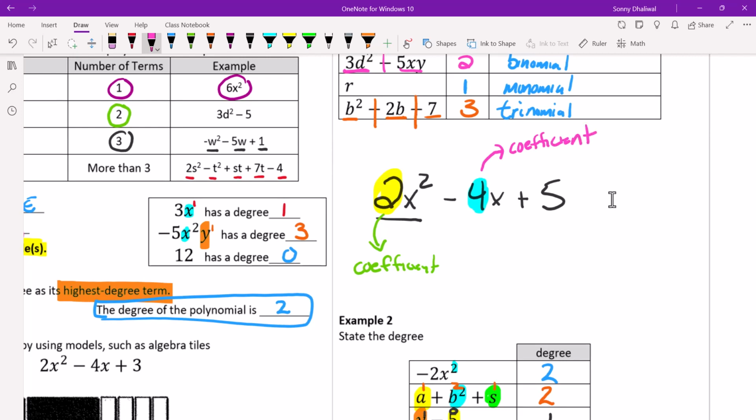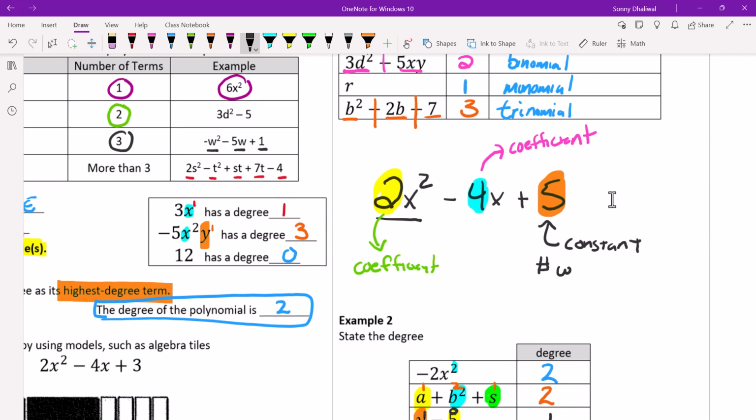Okay. The 5, a number without a letter, is called, do you guys remember that one? That came up once. All right. That was a difficult one. So this one is called a constant. Right?